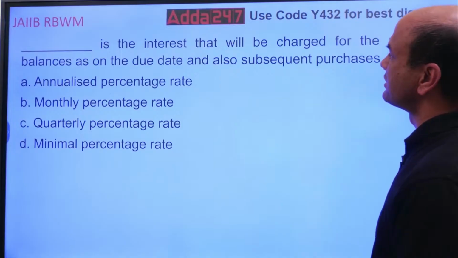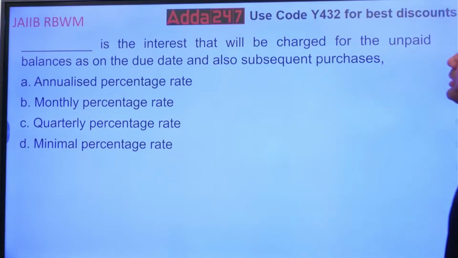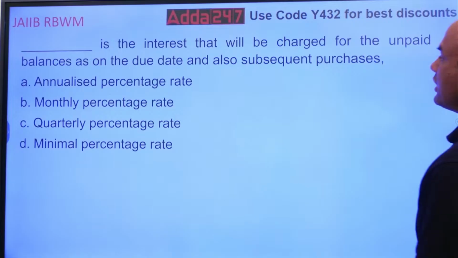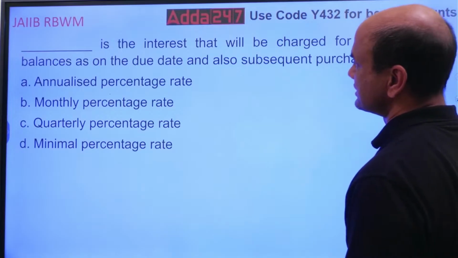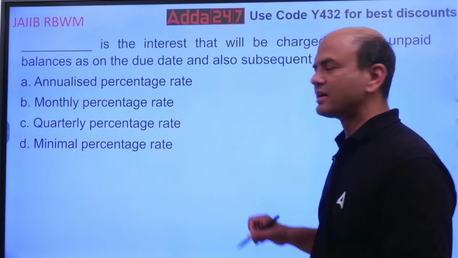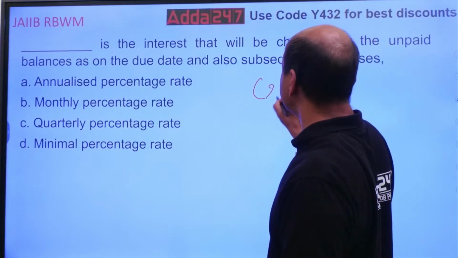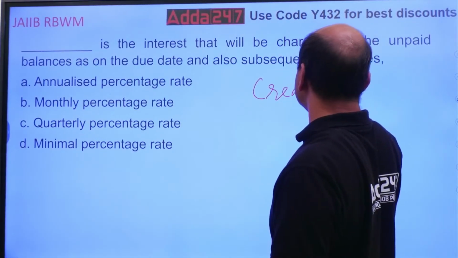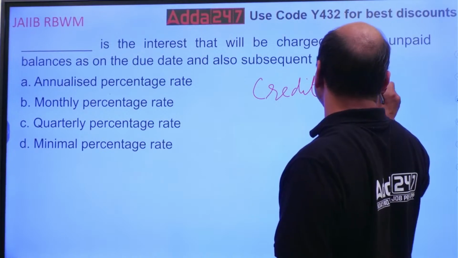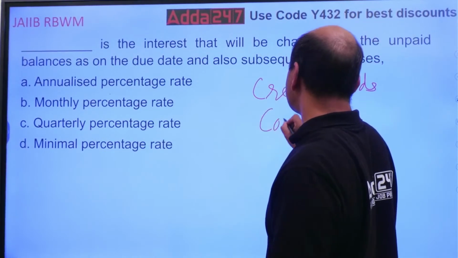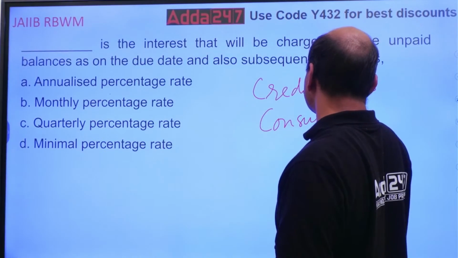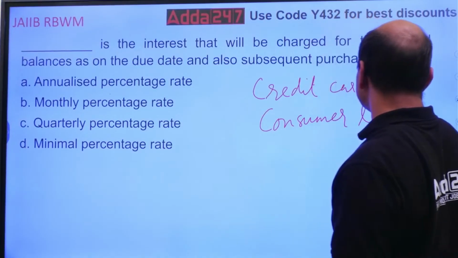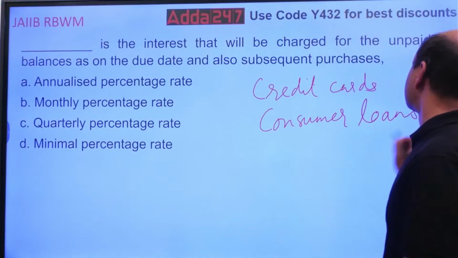Dash is the interest that will be charged on the unpaid balances on the due date and also on subsequent purchases. Now this is mainly in your credit card. You will have two kinds of loans like this: credit cards, and second, consumer loans, smaller loans. They always charge you this rate of interest.